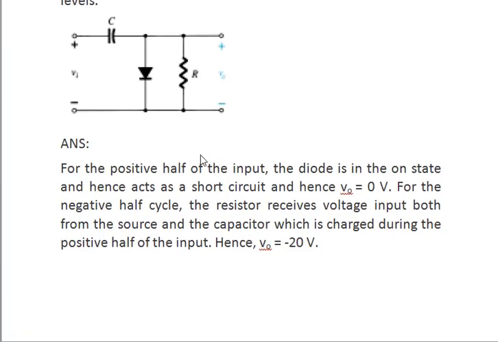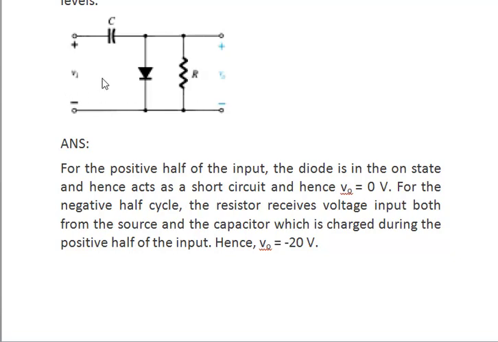Okay, see here, the capacitor is plus here, minus here. The diode is connected in forward bias. It is the load resistor. For the positive half of the input, the diode is in the on state and acts as a short circuit, so the output voltage is 0 volts.